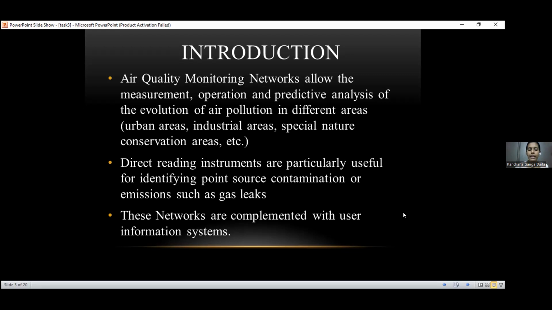For example, we can take a sensor. It is an input device, and we can have an LCD display. It's an output device. For user friendliness, the input is given to the sensor, from the sensor to the air quality monitoring system, and from the system the output is given to the LCD display, which we can easily read by looking at the LCD display board.